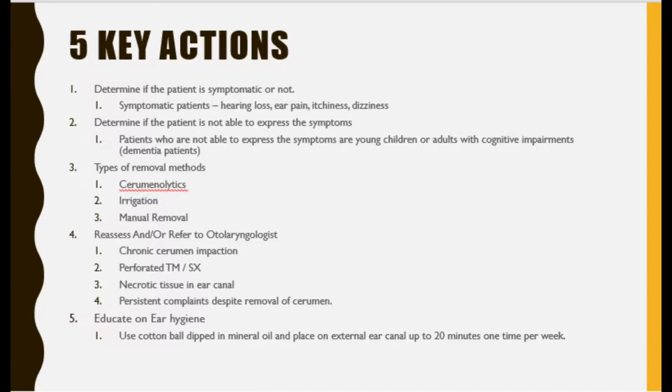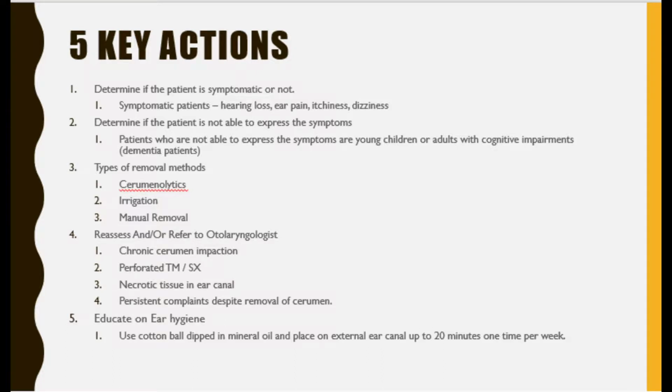For example, little children don't have the vocabulary to tell you those symptoms, or adults with cognitive impairments such as patients with dementia are not able to tell you. You want to identify those kinds of patients, and then you want to remove the cerumen if they're not able to express symptoms or if they are having symptoms.